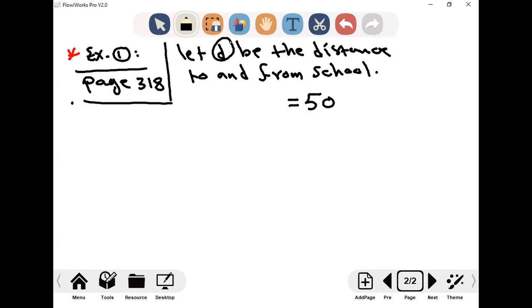D. So each day she goes and back from the school, and we call it D. And she goes around the library, right? 1 and 3/4 plus 1 and 3/4. This is each day, right? Each day she goes to and back from the school, that is D, right? This is D.